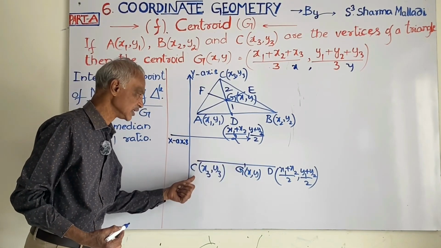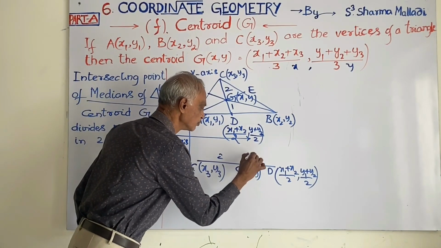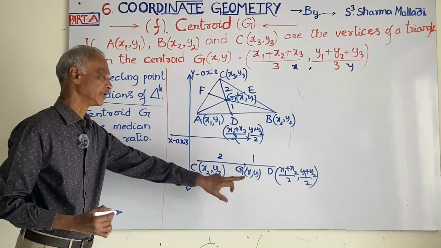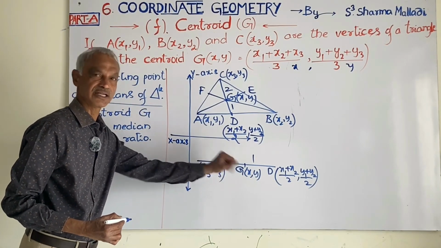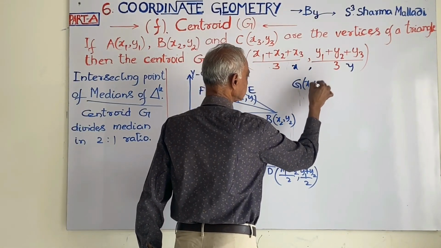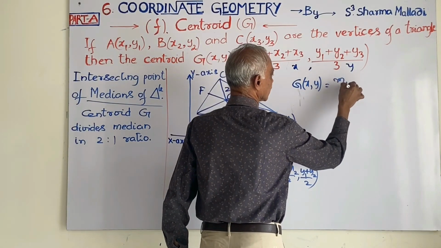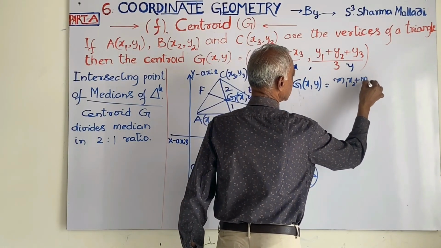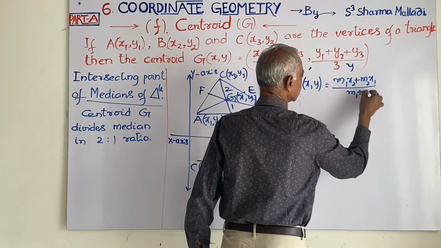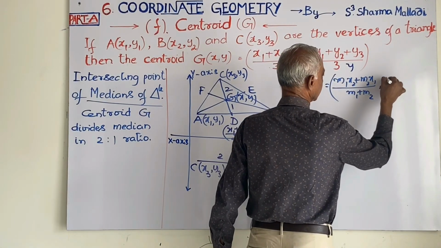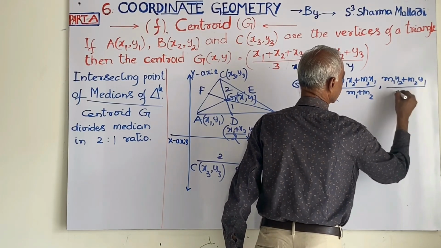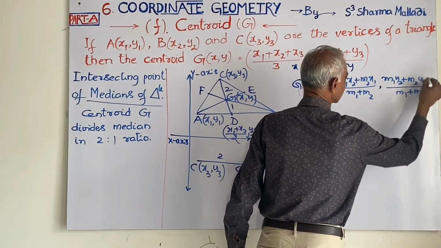G (x, y) is dividing this median, this C and D, in the ratio 2:1. What is the formula you have? G (x, y) is equal to (m1 x2 plus m2 x1) by (m1 plus m2), and the y coordinate will be (m1 y2 plus m2 y1) by (m1 plus m2).